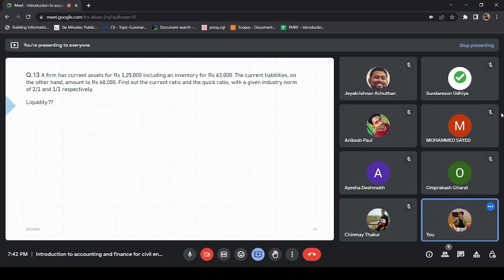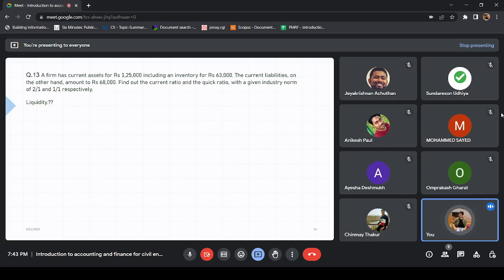So, two basic ratios have been discussed in detail in the lectures. Current ratio and quick ratio or acid test ratio. So what are these, we will discuss. What is current ratio? Current ratio is simply current assets upon current liabilities.